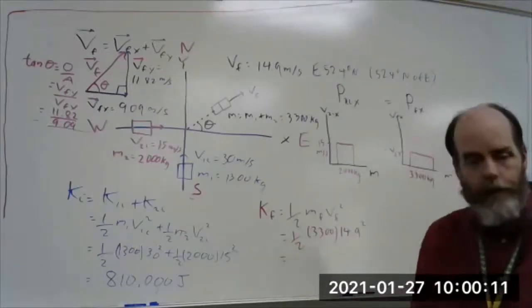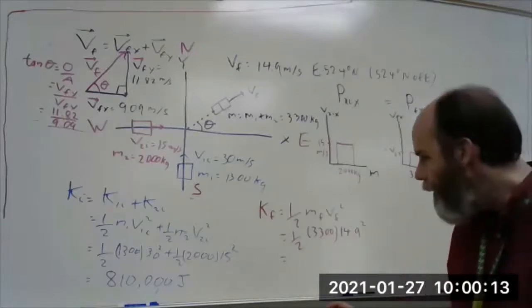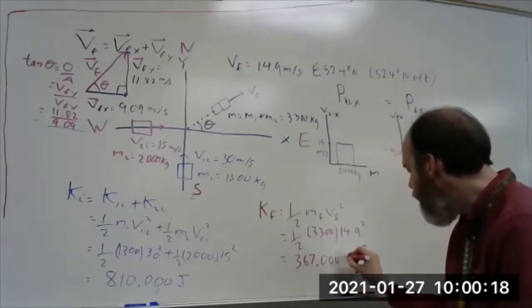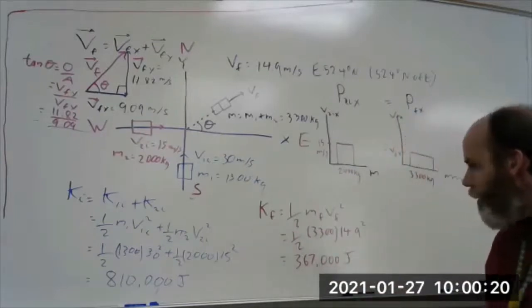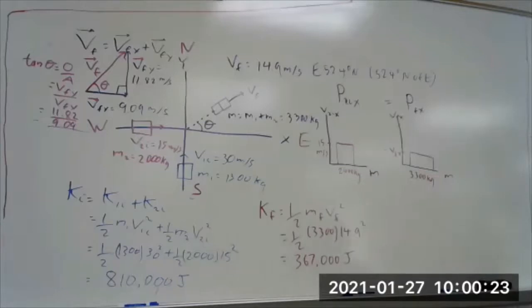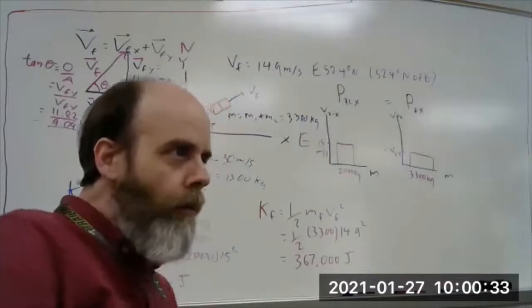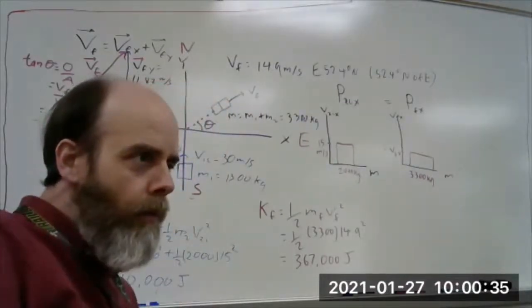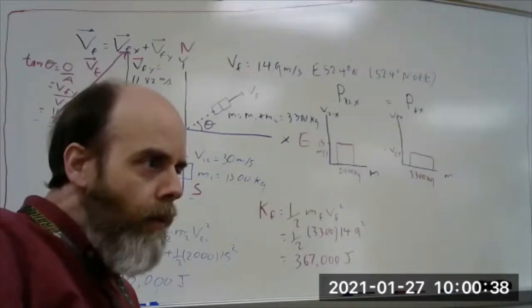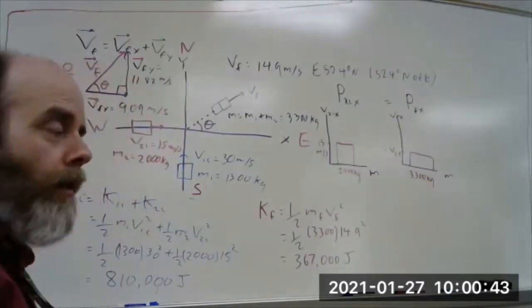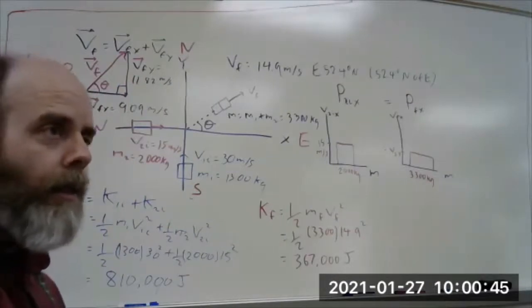And that gives us 367,000 joules. So we look at this. Is energy conserved in this collision? Energy is not conserved. That's right. So energy was lost in this collision.